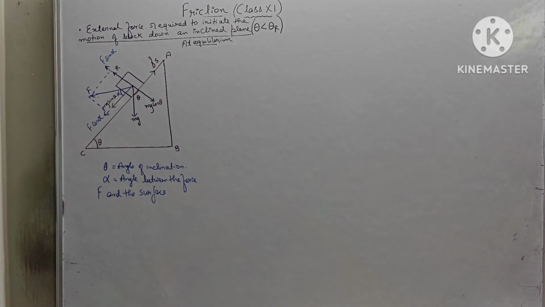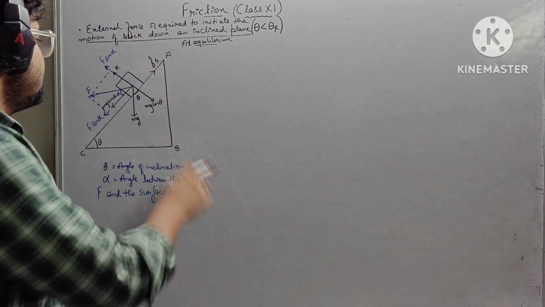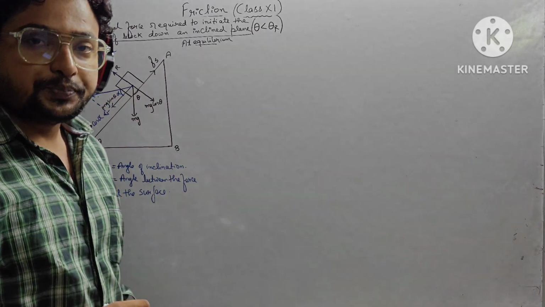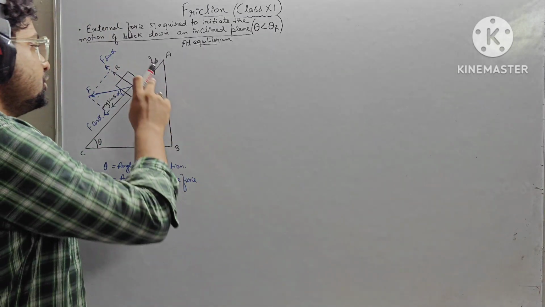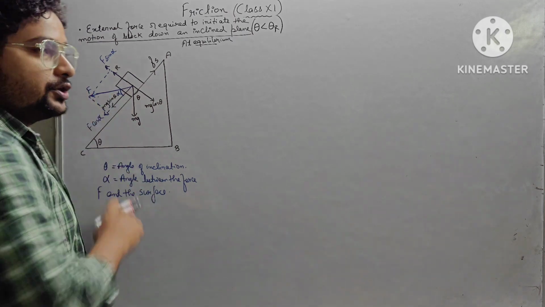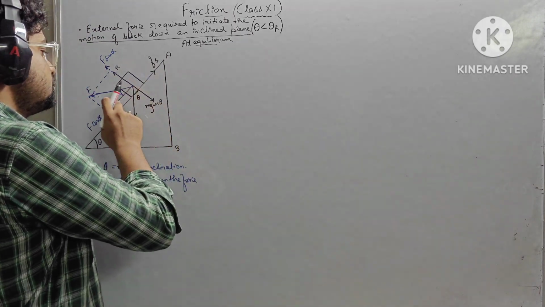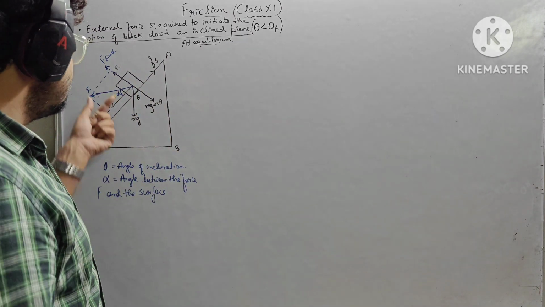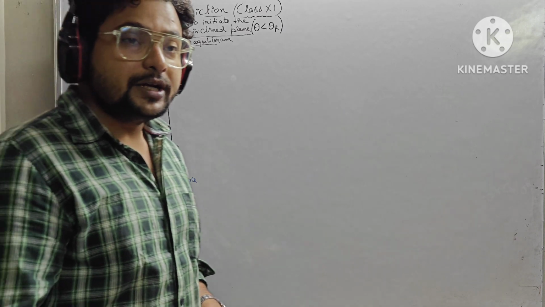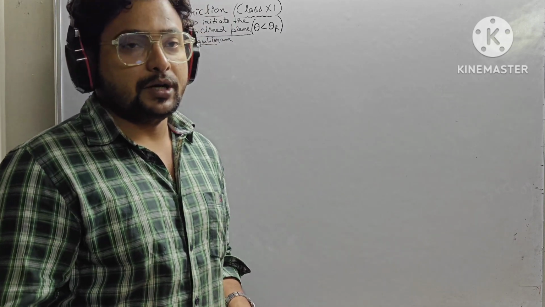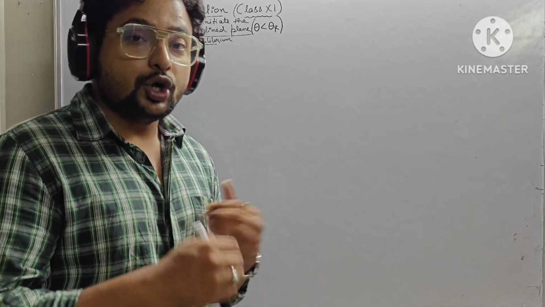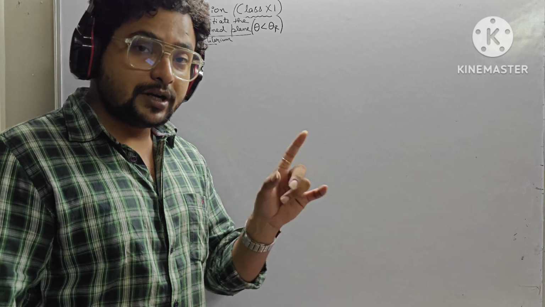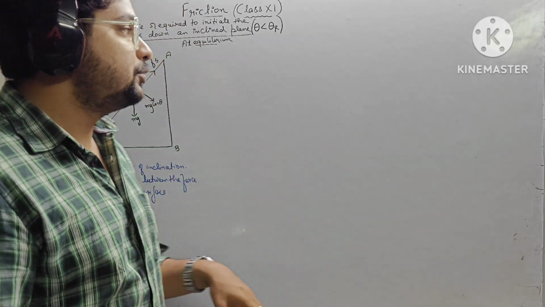Now see, as I told you earlier, before applying the force, friction was stopping the body. Now this much force I have applied so that the block will now start to come down. Okay, the block has not yet started to come down, but after this the block will start to come down.